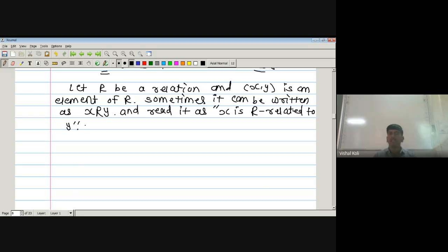It means x is related to y with the given relation R.